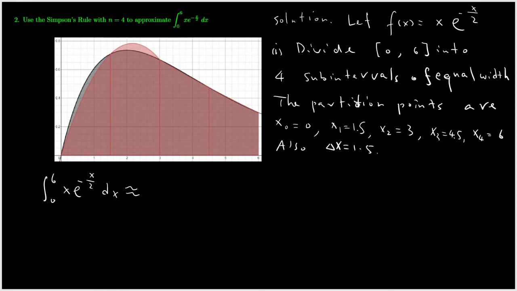You have the width of the subintervals divided by 3, and then inside the brackets, the first term is the value of the function at x0. The last term is the value of the function at the right endpoint, which is x4 in this case.